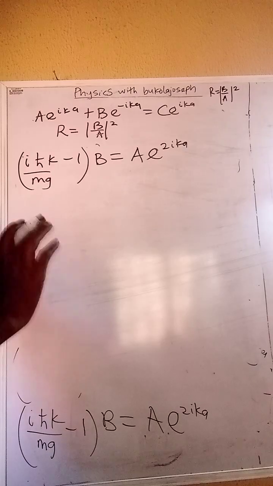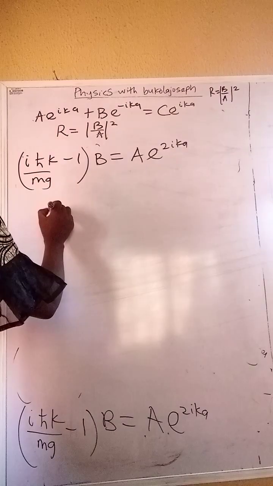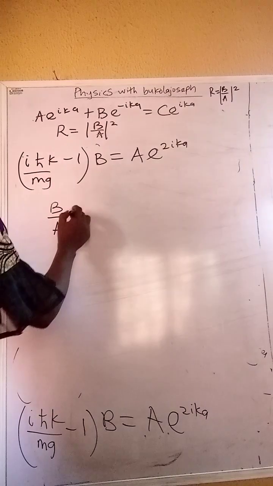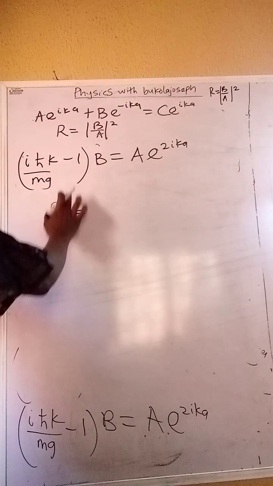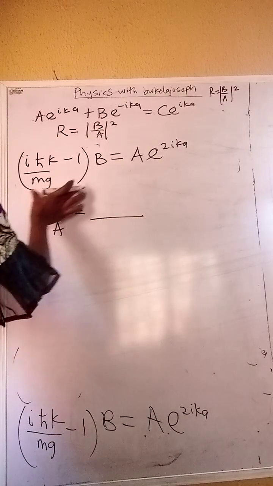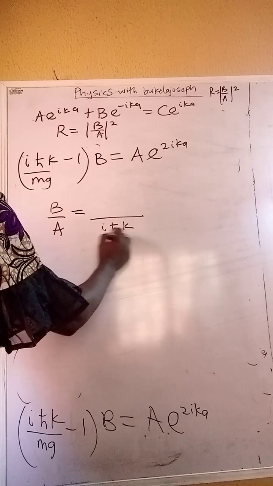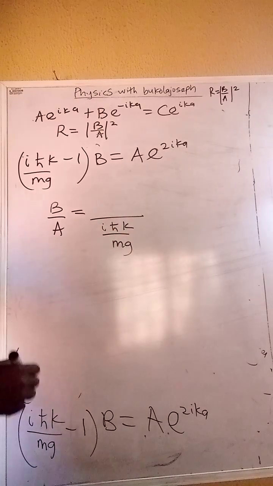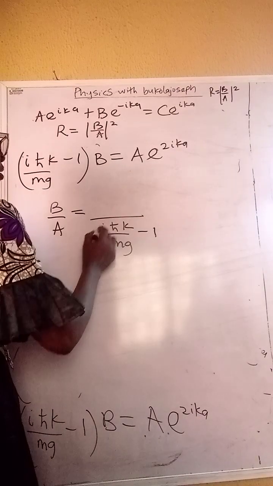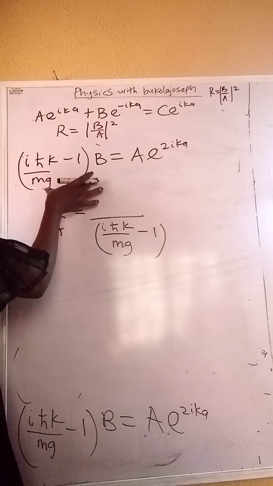Okay, so if we have this, the essence is to get this b over a, that's the idea. So I will explain. I want to have b over a, so this is what I will do. Now to come back to this, it means this one will be here. It will now be i h cross k over mg minus 1, close it, right? Then if you multiply, it comes back here.